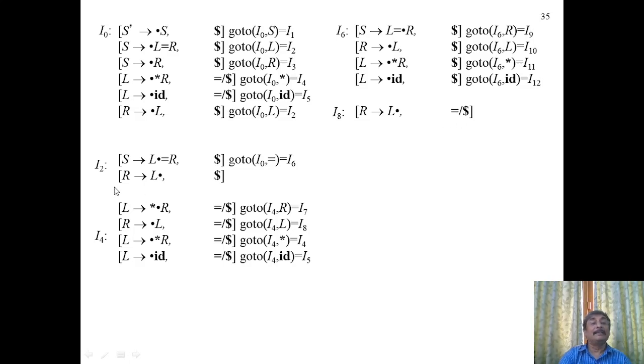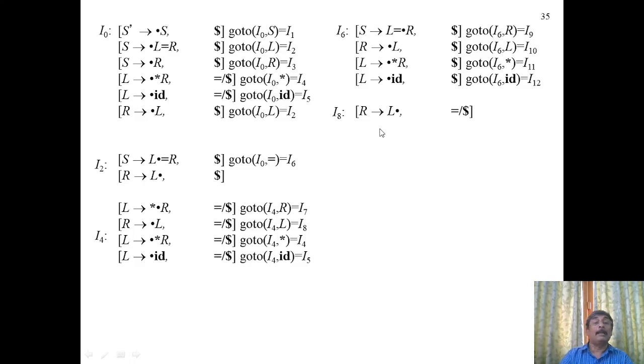if you get an L, you come to I8. So see, this reduction and this reduction are the same. But if you are in I8 and get the reduction, then the viable prefix is star L equal to, and you are changing it to R, which after changing becomes star R equal to.